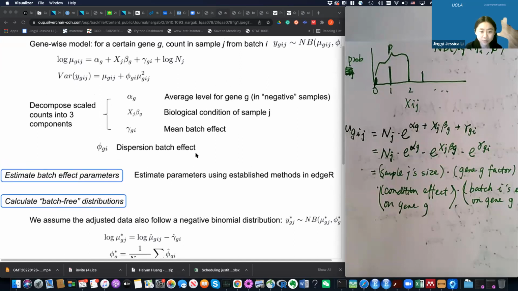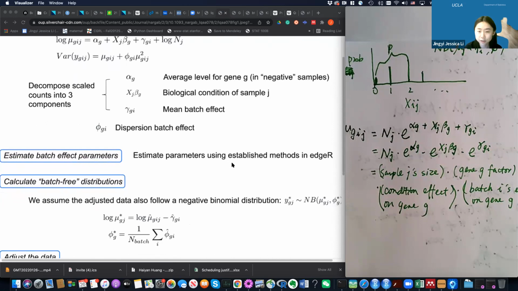And they will do parameter estimation. They use edgeR, which is a DE method, to estimate parameters, which I will say a little more about later. edgeR uses a more complicated maximum likelihood estimation to estimate those parameters.